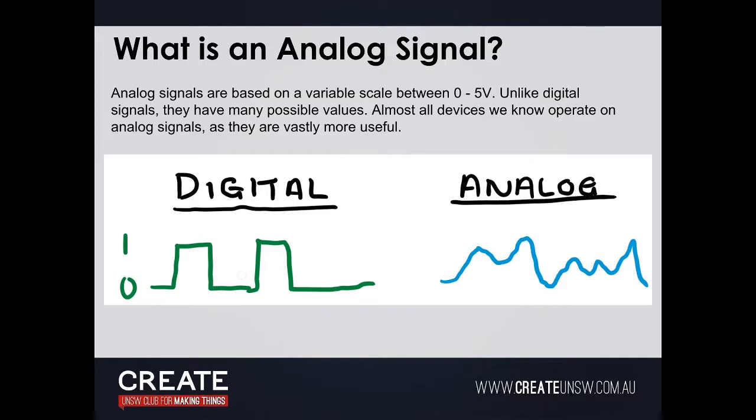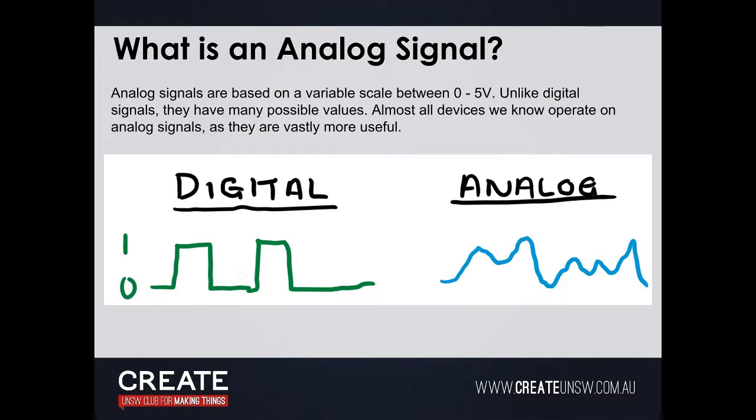Right? However, as you all hopefully know, a lot of inputs and outputs that we make are not digital. A lot of the inputs and outputs we make are in fact analog, where we're on some sort of variable scale that has an infinite amount of intervals between that scale. In this case, we work with a 0 to 5 volt scale, okay, and usually we have about 1,024 steps.